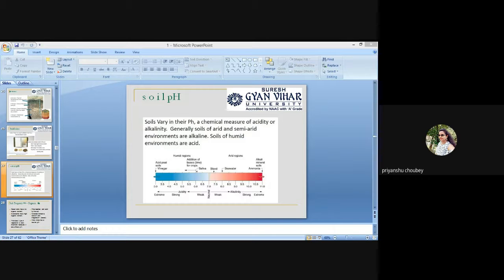The pH meter is calibrated by standard buffer solutions.